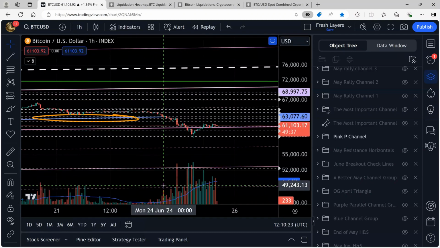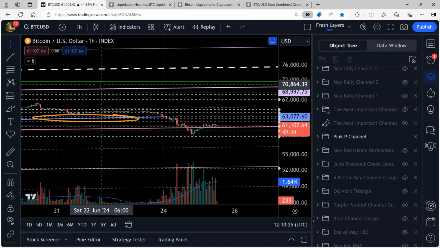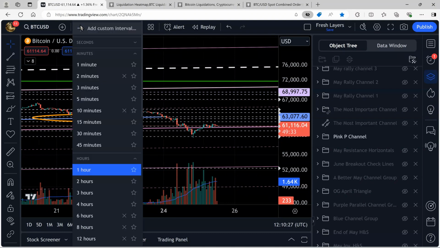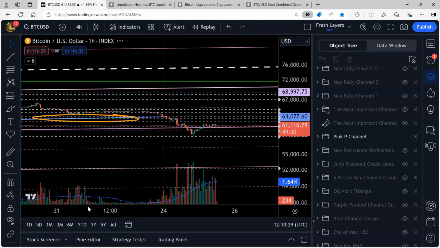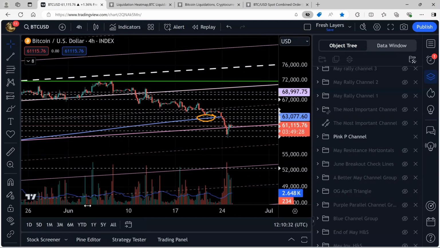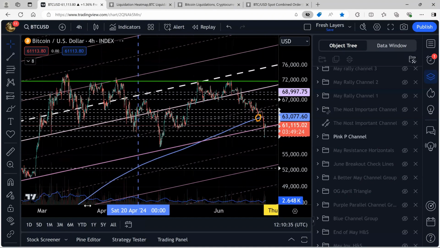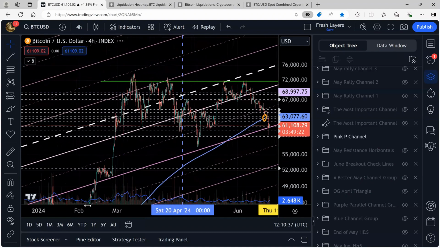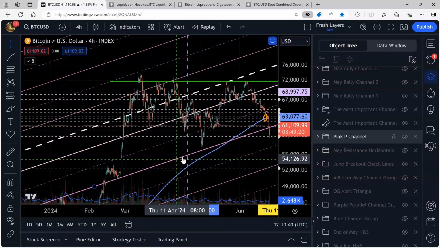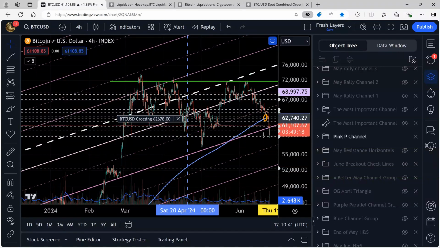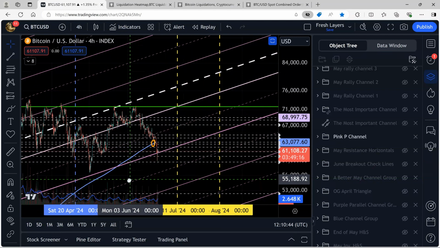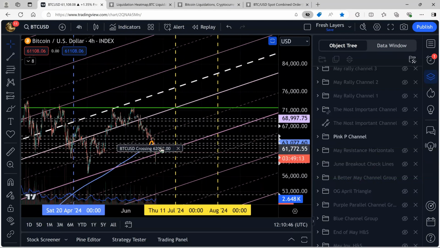Other than those 4-hour candles, we are holding this. This is the base of our triangle right here. And we've hit the bottom of our base, so it makes sense that we would come back up this way.